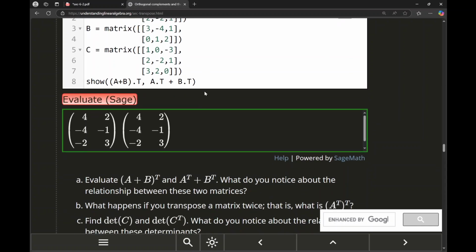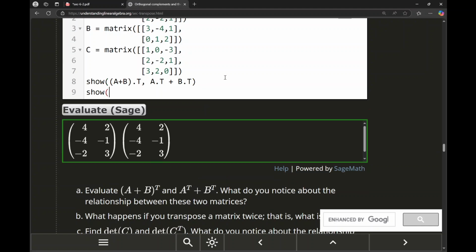Everyone got part A working? So for part B, we want to show A, and you can do A transpose like that.